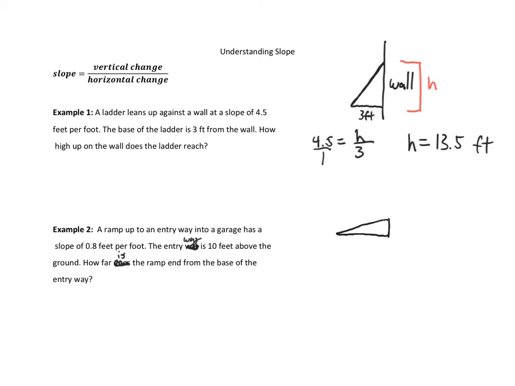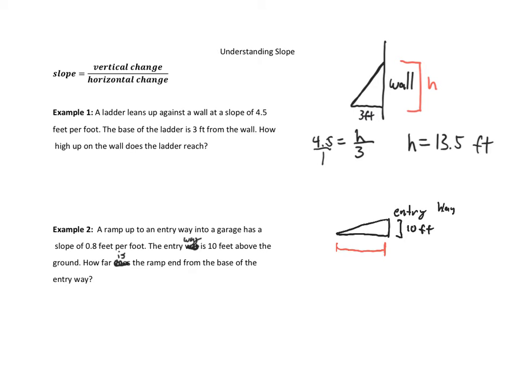We're going to have something similarly shaped, but here is our entryway, and we know that the entryway is 10 feet above ground. The question now is, how far away is the base?